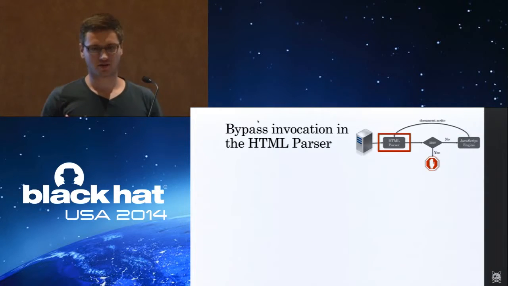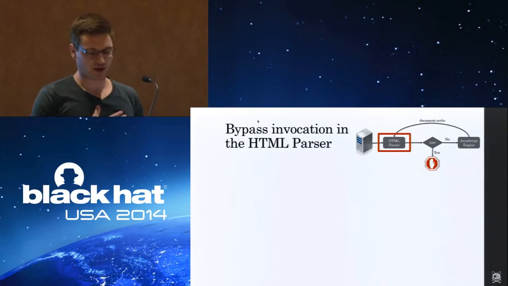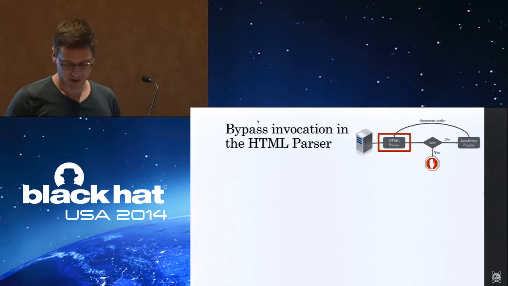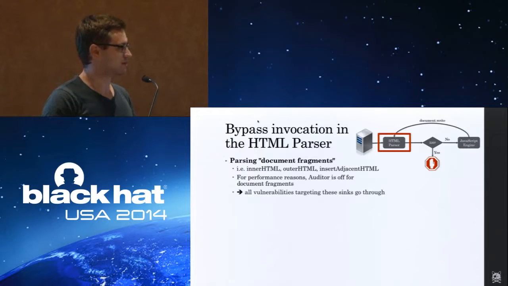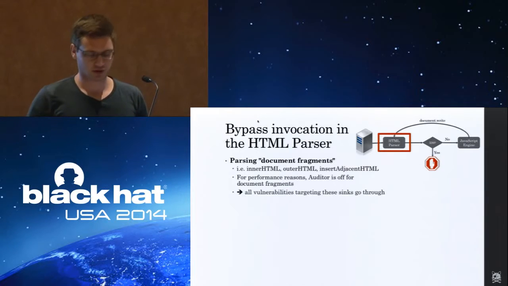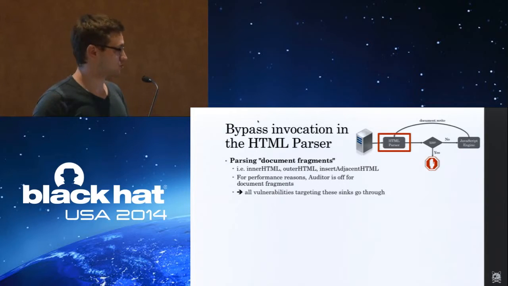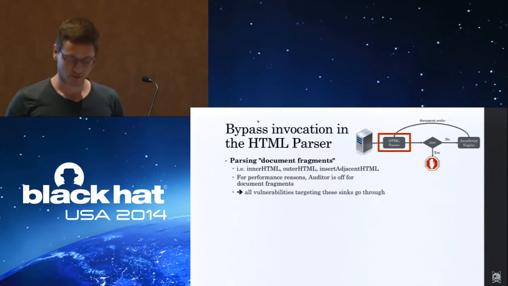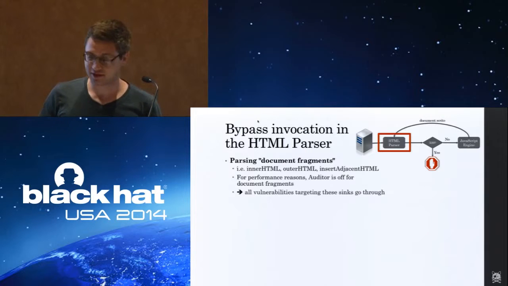Then, Martin already said it. There are also ways of getting around the invocation inside the HTML parser itself. First and foremost, as you already said, Google opted to disable the auditor for these document fragments, which is obviously for performance reasons, which makes perfect sense in my mind.